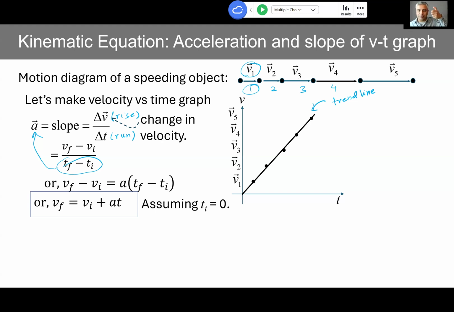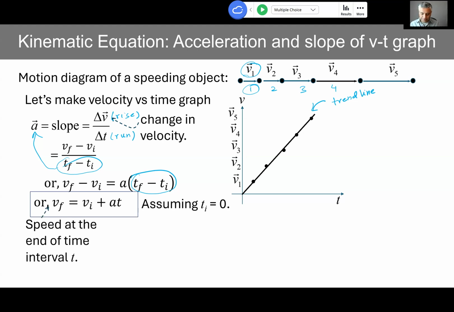We can use a stopwatch and start it from 0. So that way it's just t, but although it's written t, it is actually a time interval. This is one of the three kinematic equations we're going to talk about today.